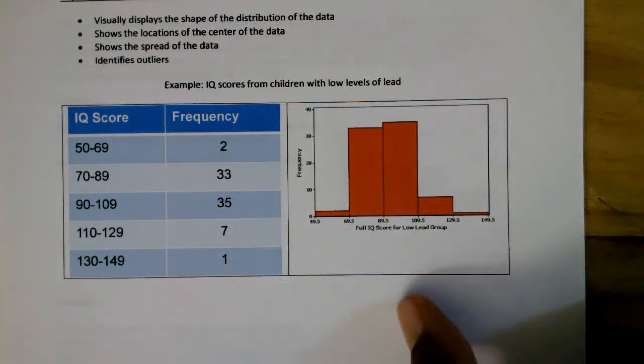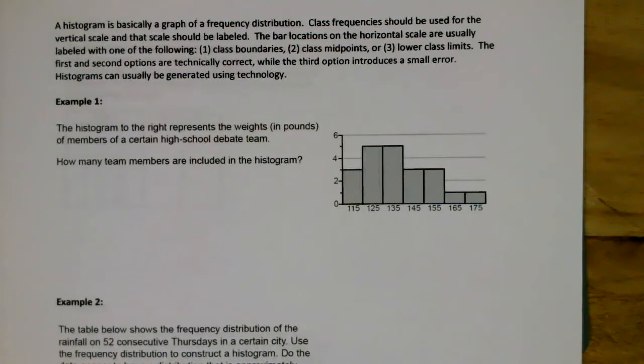Okay. So now let's go ahead and jump into an example that deals with the histogram. And before we do that, let me mention that a histogram is basically a graph of a frequency distribution. Class frequencies should be used for the vertical scale, and that scale should be labeled. The bar locations on the horizontal scale are usually labeled with one of the following: either class boundaries, class midpoints, or lower class limits.